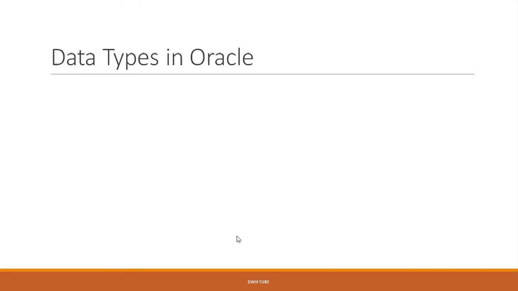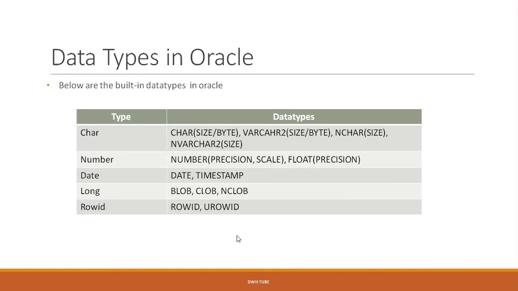Okay, let's spend some time understanding data types of Oracle. Now we are going to briefly see what the built-in data types of Oracle are, but there are user defined types as well, but we are not going to concentrate on them. Now on a high level, these are the built-in data types that you can have.